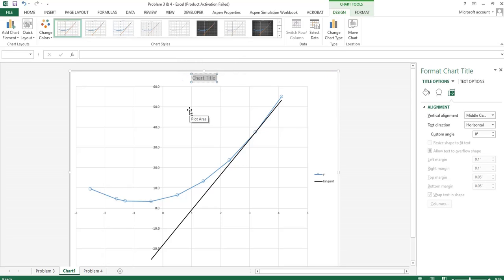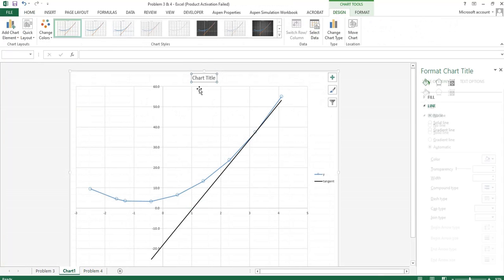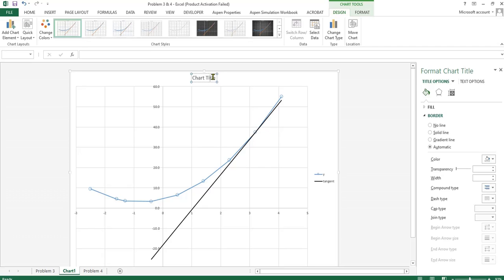This can also be done in this sheet. Why it was in this sheet, I can do that. Change this to, let's say, quadratic equation. So that is that. So I'm done with this.